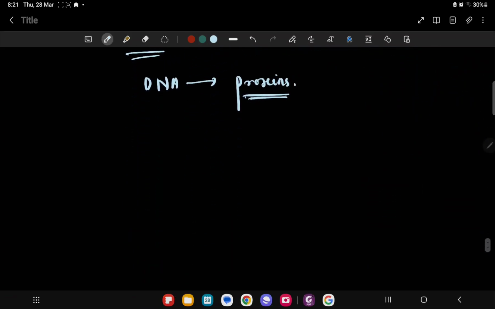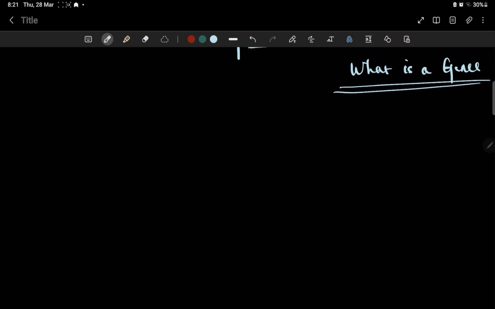Now we'll understand what is a gene. These are the basic things which we have to learn before moving into this chapter. Gene is a piece of DNA which produces a protein.